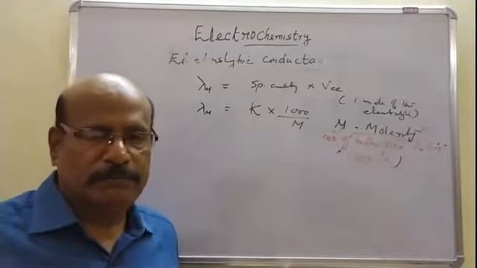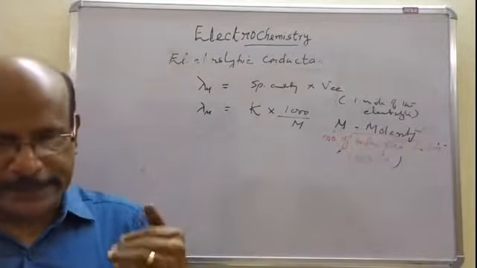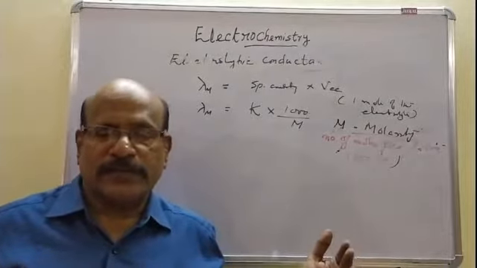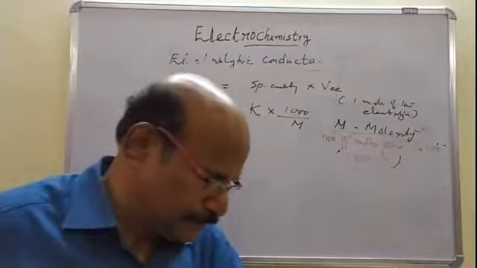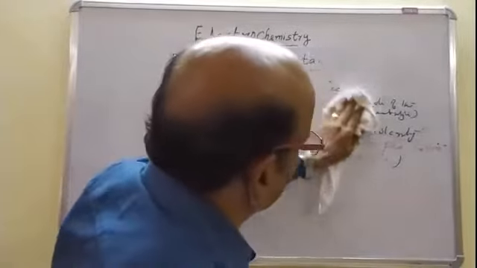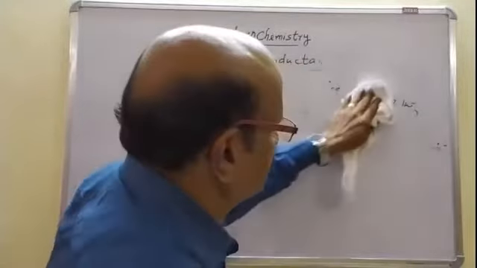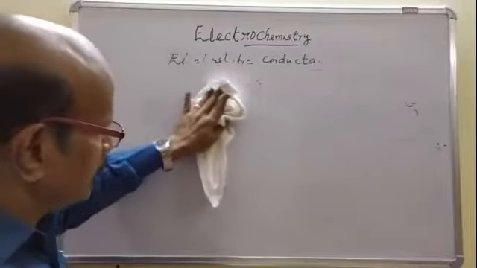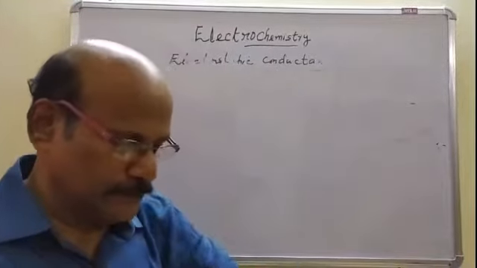Therefore, correspondingly, we have the conductance as lambda m. So, in all our discussion, we are using the molar conductivity term. The molar conductivity and equivalent conductivity are the same, provided the normality and molarity are the same. Suppose they are different, then they are different, depending.